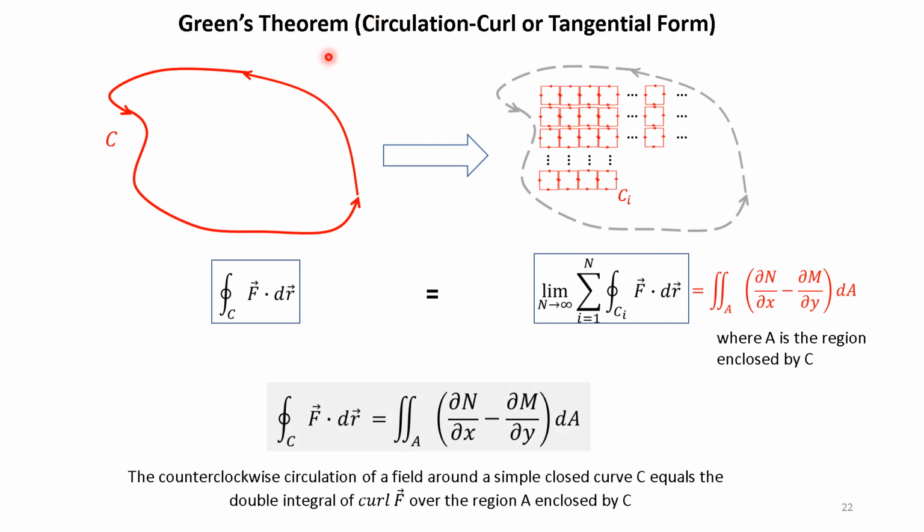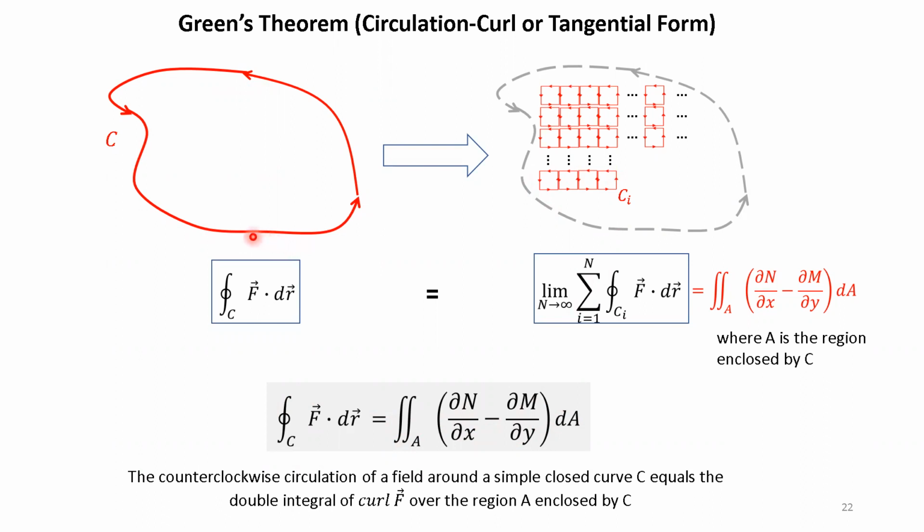I have this circulation curl form, also known as the tangential form, because there is another form, the normal form, which we'll talk about later. This tells us that the line integral equals the double integral of the curl of F over the region enclosed by this loop C.